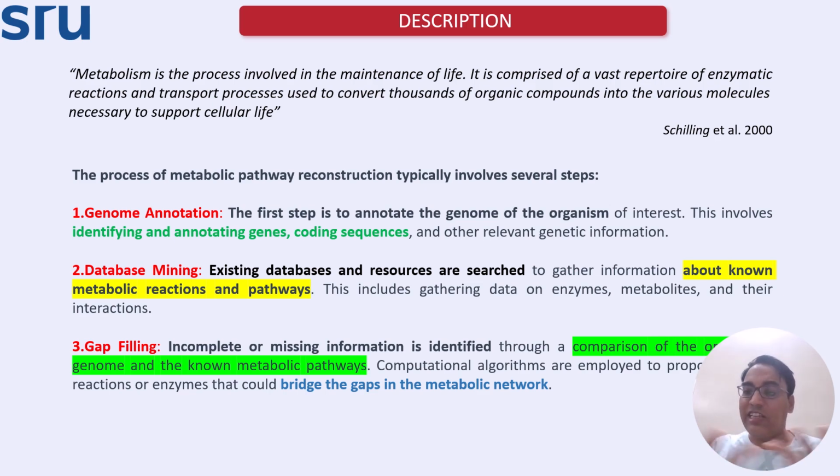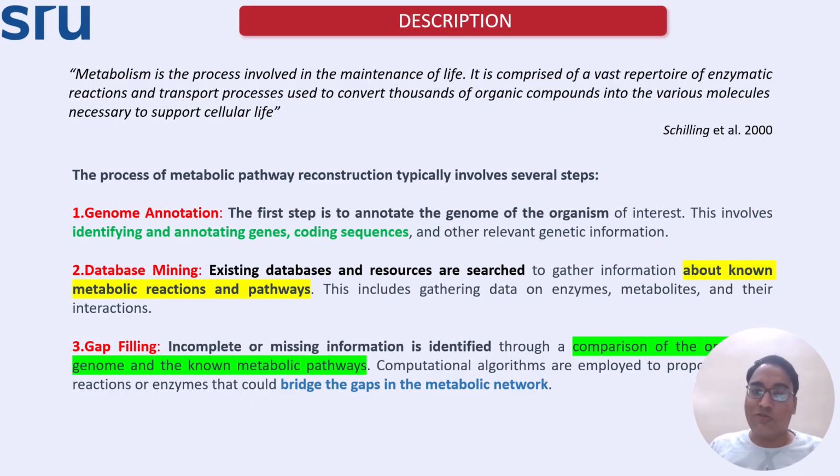See the entire pathway and how it is worked out. It involves 7 steps altogether. First is the genome annotation. The first step is to annotate the genome of the organism of interest. I need to identify and annotate the genes, the coding sequences completely, what is the intron portion and exon portion, the entire part. Once that is done, I'll do database mining.